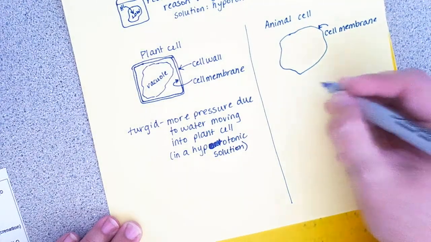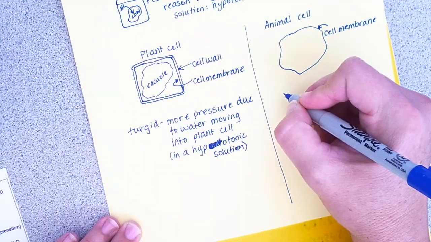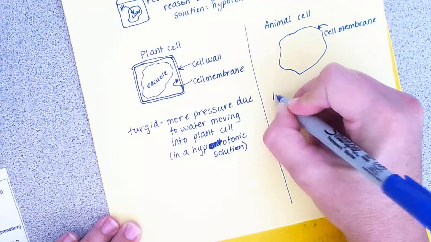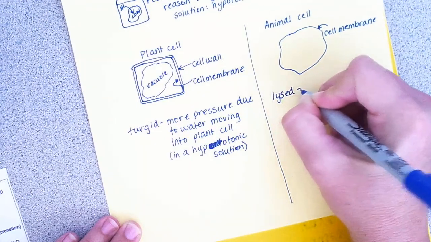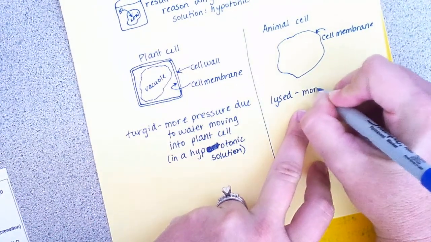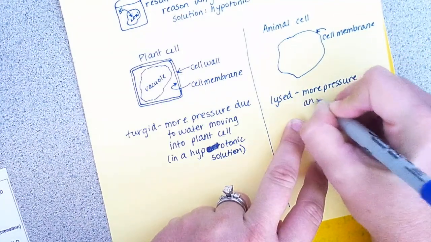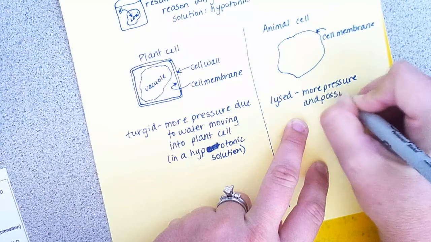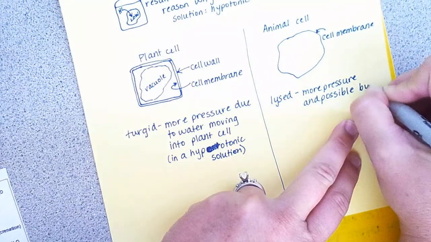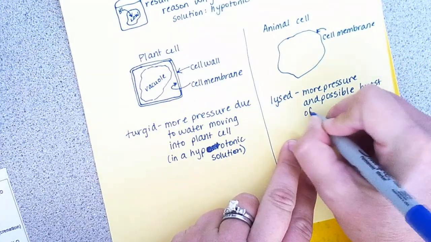In an animal cell, when it's in a hypotonic solution, we call that lysed. More pressure and possible burst of the cell membrane.